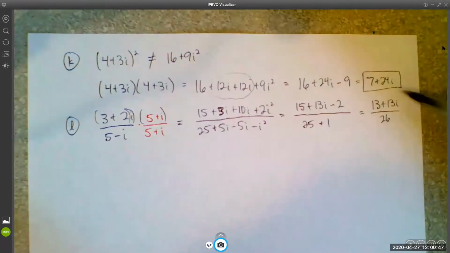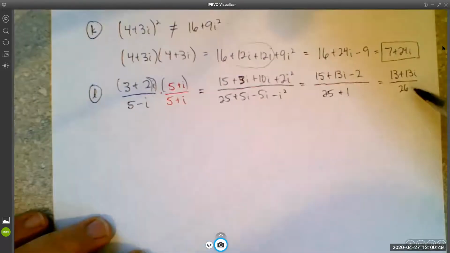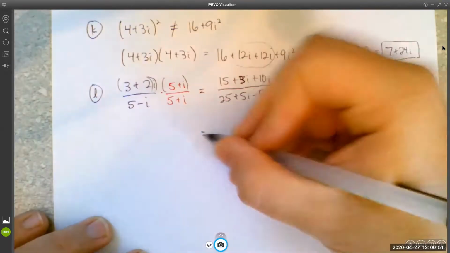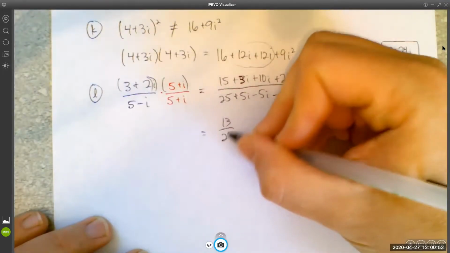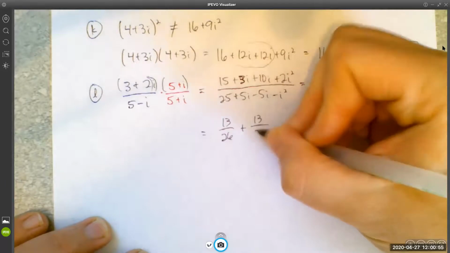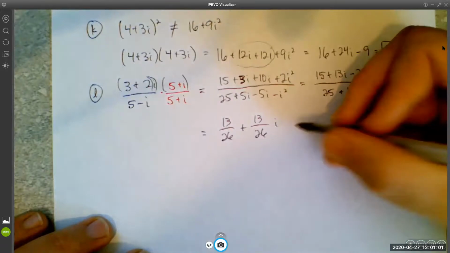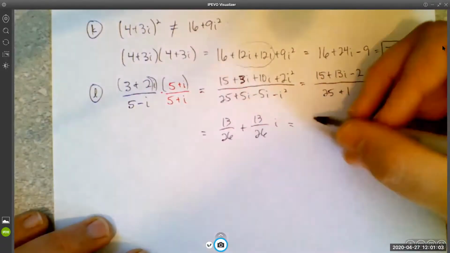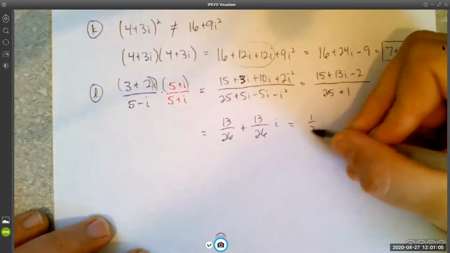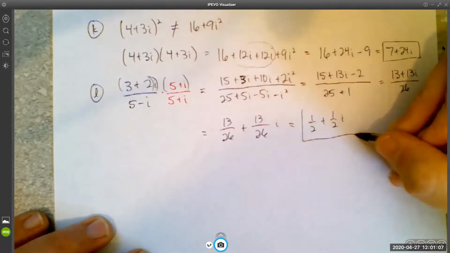So now all we have to do is write this as a complex number. That means we're going to split the numerator. We're going to call this 13 over 26 plus 13 over 26i. That simplifies a little bit more. 13 over 26 is a half, right? And there's our final answer.